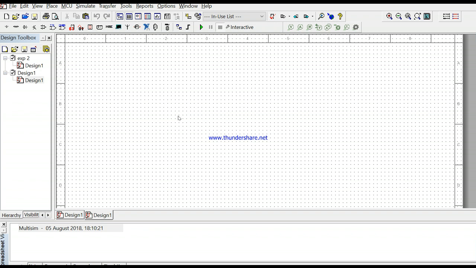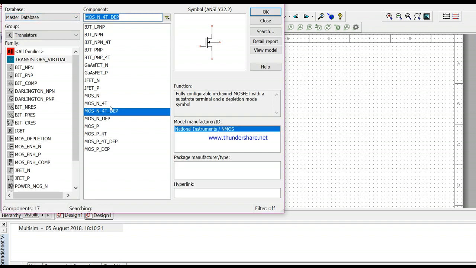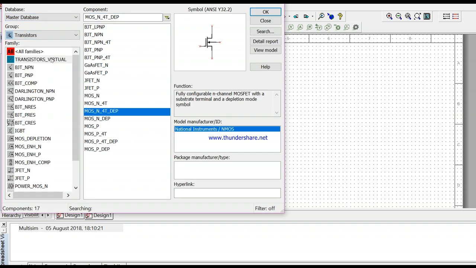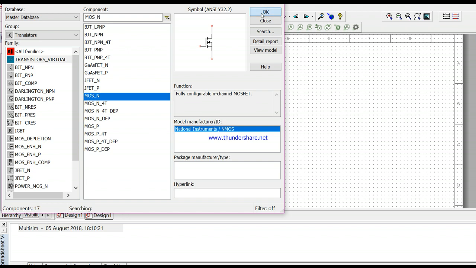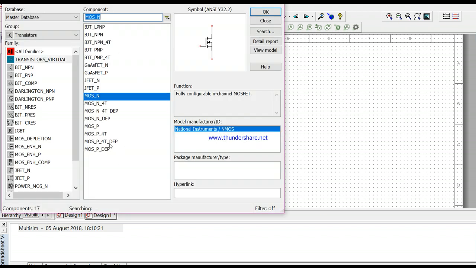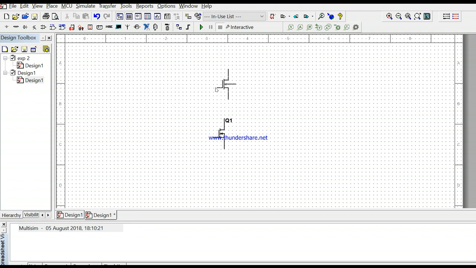So this is the NI Multisim software. In this we'll gather the components. First you have to go to transistor, transistor virtual, and then select MOS N, which would be our driver. And here select MOS N 4T depletion, which would be our load.